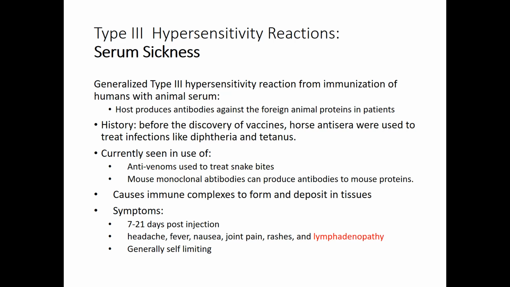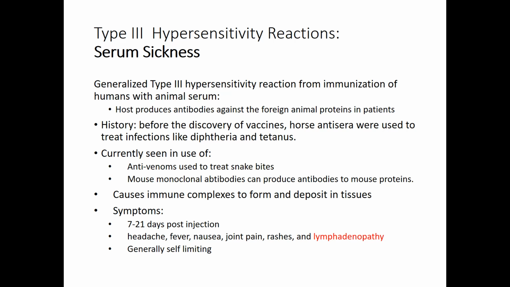So we have a couple of cases where we actually do use animal or reptile based anti-sera, and it gets injected into us. Typically we won't have been exposed to this previously, so the first time we get it, there's a slightly delayed period, 7 to 21 days post-injection, to wait for those antibodies to form.